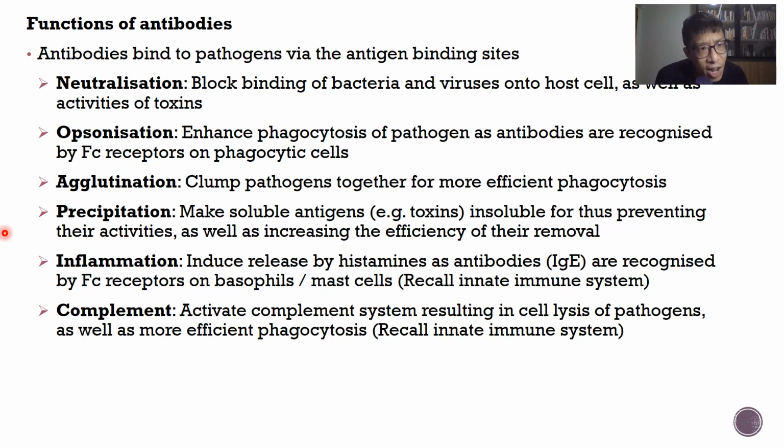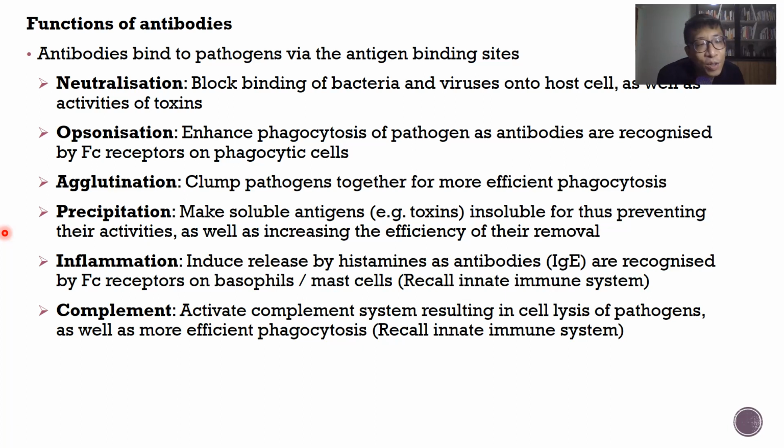Okay, then we have agglutination. Because each antibody has at least 2 antigen binding sites, and for the IgM, for example, it has many more. So each antibody can bind to 2 epitopes on 2 different antigens, maybe on 2 different pathogens.